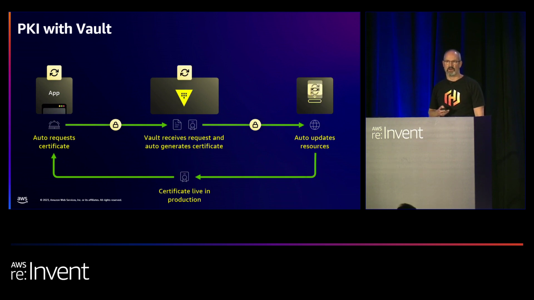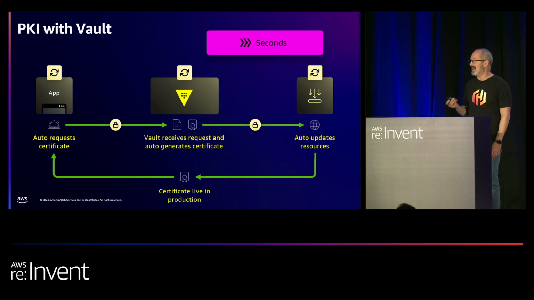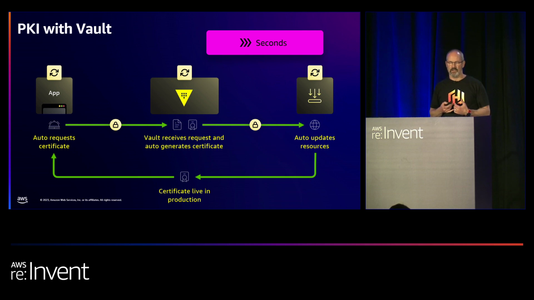So what does modern PKI management look like, or what can it look like? We're using a tool like Vault. Really, Vault sits at the middle of all of these processes. You have secrets and certificates that are created when you need them. You get them injected where you need them on the application and the receiving end of that.